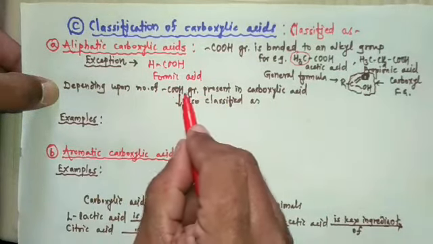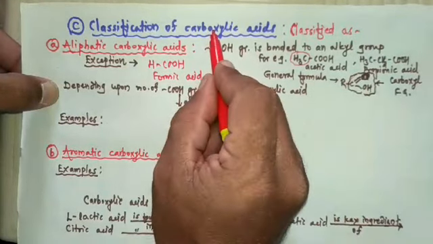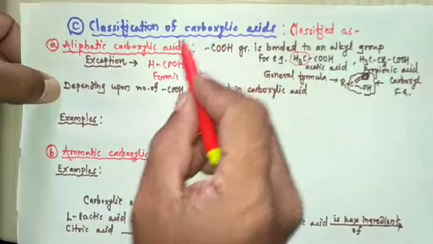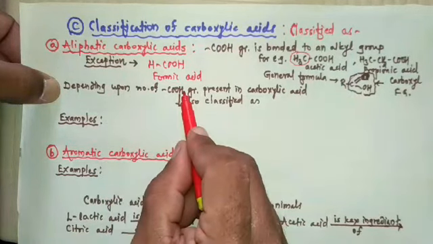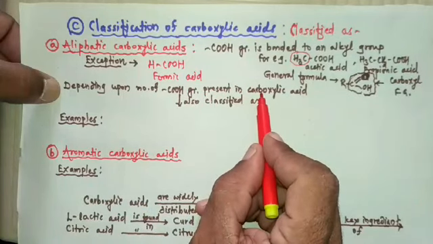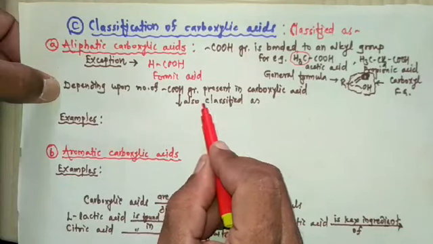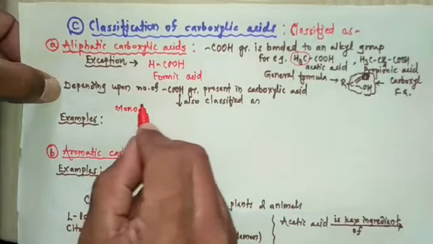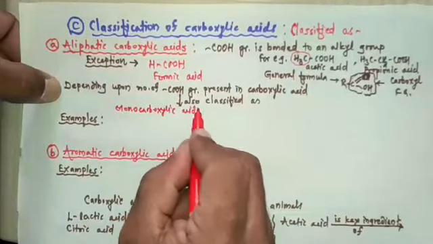So depending upon the number of carboxyl groups present in the carboxylic acid, carboxylic acids are further classified into 3 categories. Depending upon number of carboxyl groups or COOH groups present in carboxylic acid, carboxylic acids are classified as, first one, monocarboxylic acids.